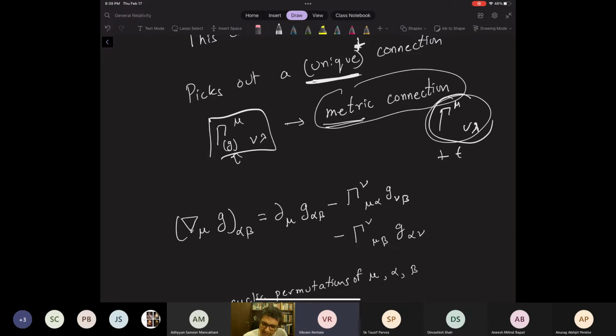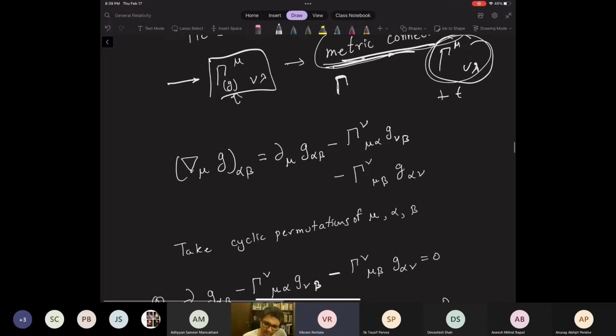So you can choose different gammas for any manifold, but once you put a metric, there is one specific choice of gamma which preserves the inner product under parallel transport. That is called a metric connection. So from now on, when we use the symbol gamma, we are referring to this specific choice, this metric connection, rather than talking about a general connection.